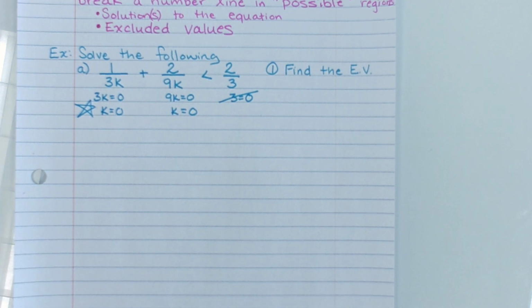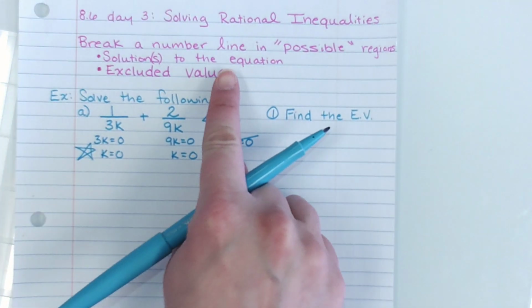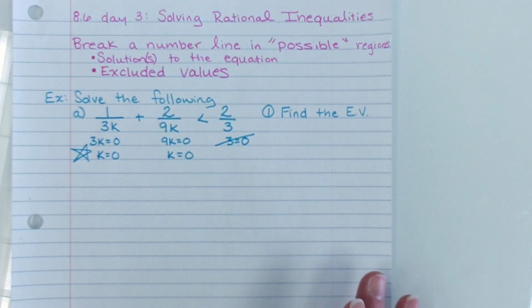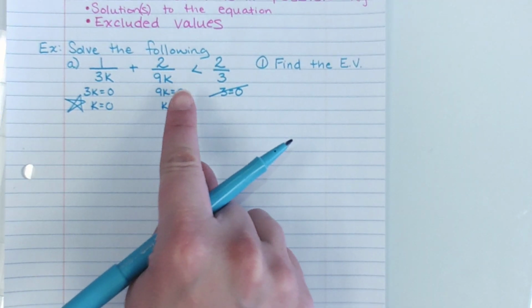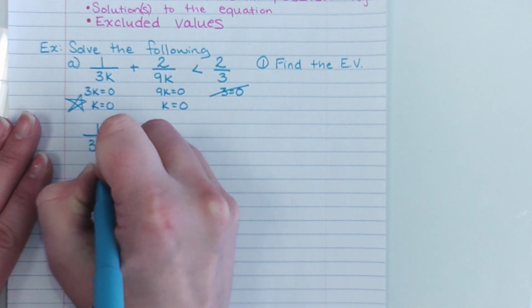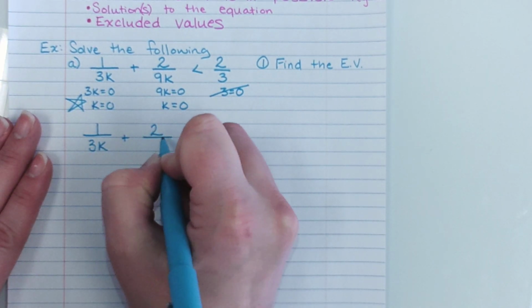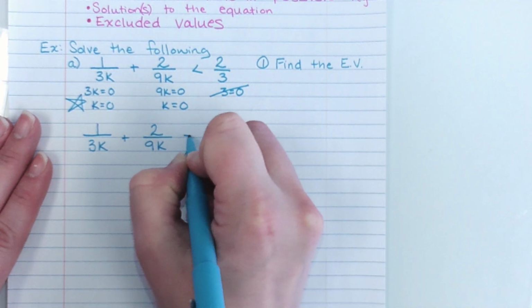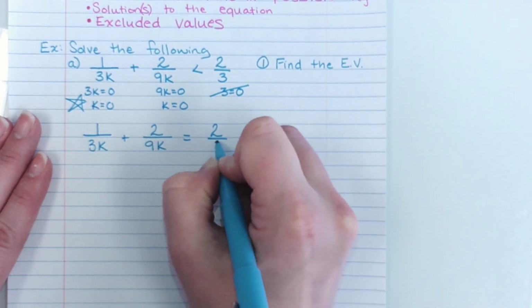The other thing that we have to do is find the solutions to the equation. Note I said equation. That's not an equation. That's an inequality. So, I take it and change it to an equation. I change my less than symbol into an equal sign.